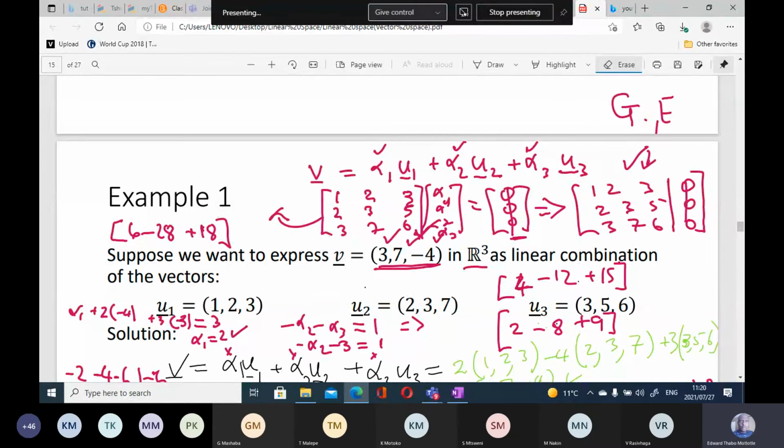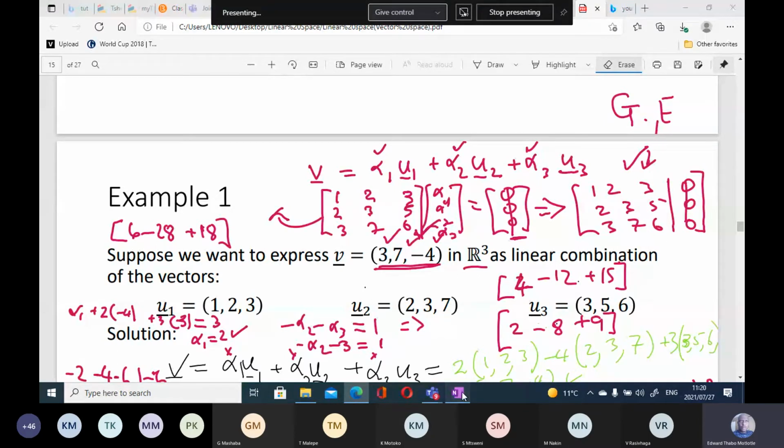So we have v = (3, 7, -4). We'll solve it somewhere, and if we encounter a problem, we'll come back to this one and check if our solutions correspond. u2 is equal to (2, 3, 7). You can also copy it. And then u3 is equal to (3, 5, 6).